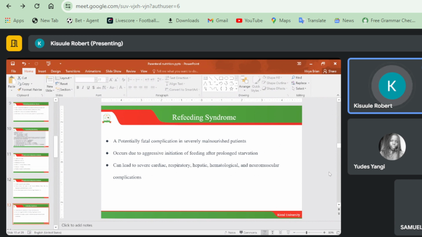If they are telling you reasons as to why you should not be giving 2 hourly feeds for a client who has just arrived, if at all the child is malnourished, this could be something that you could argue out of the refeeding syndrome. And we have said that this can lead to severe cardiac, respiratory, or hepatic and hematological and neuromuscular complications.